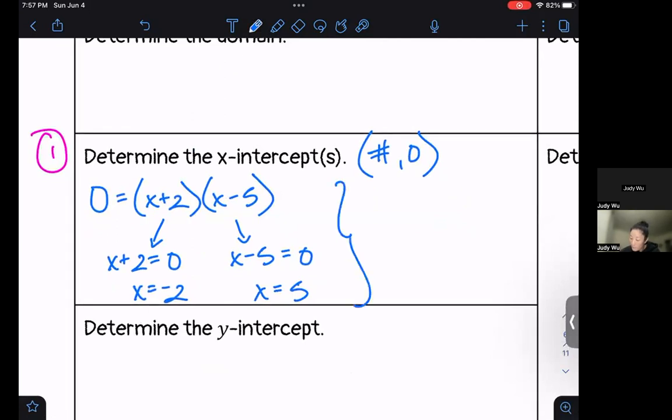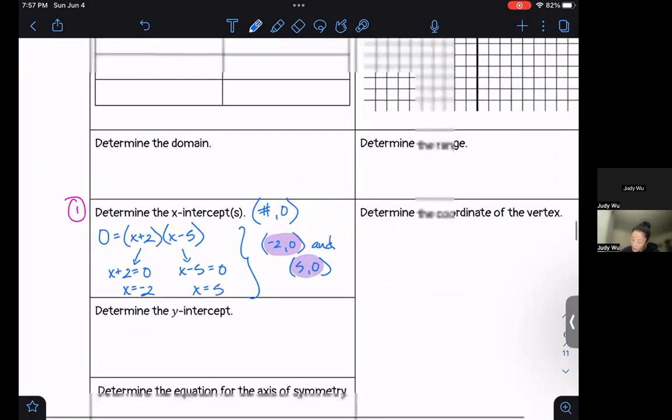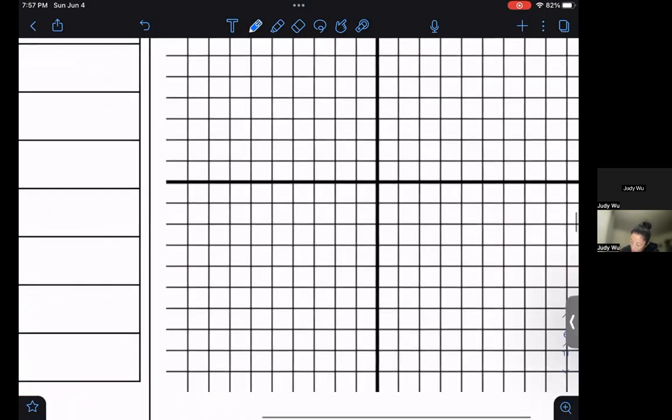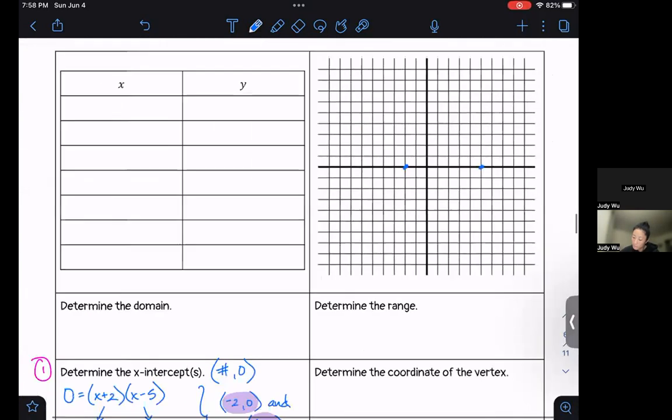But we want to write them as coordinates, -2 comma 0 and 5 comma 0. So these are our x-intercepts, and we can go ahead and draw them right on our graph. So -2 comma 0, and then 1, 2, 3, 4, 5 comma 0.